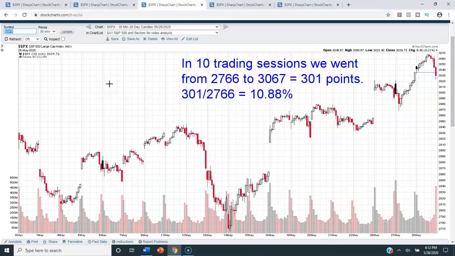The next chart that we're going to look at is a 20-day, 30-minute chart of the S&P 500. So each candlestick represents 30 minutes of trading. And what we can see here is from May 14th, where we hit our intraday low right around that 27.66 mark, until today, where we hit our intraday high right at 30.67.